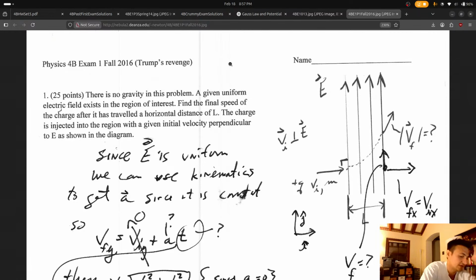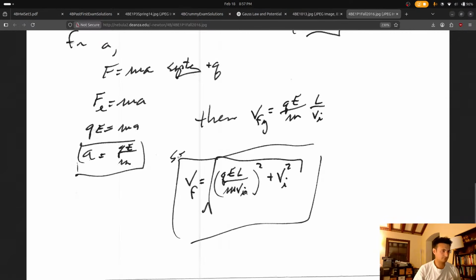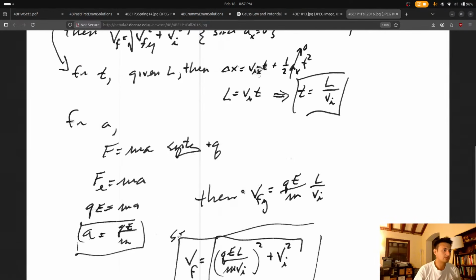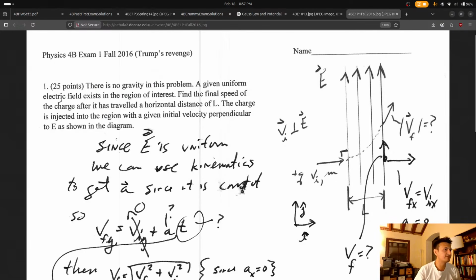Wait, but V_ix squared. I missed something. Oh, wait, it said find the velocity. Oh, wait, find the final velocity. Okay, so this is the distance traveled.